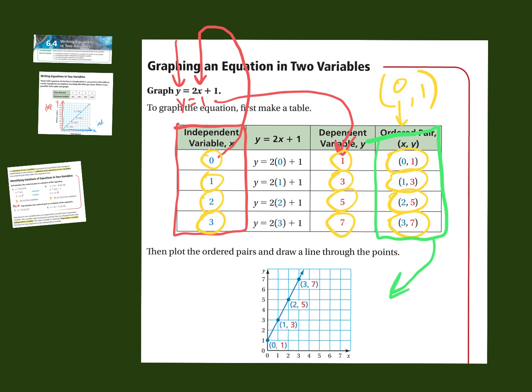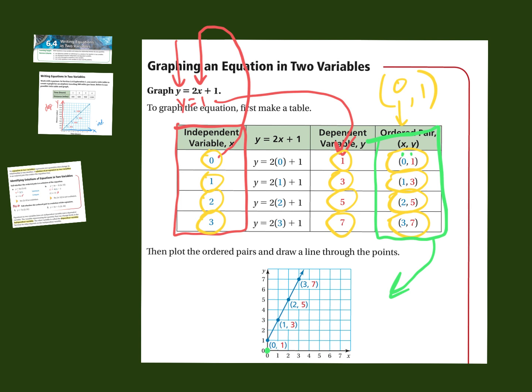So if you remember how we graph, we always start at the origin, which is where 0 and 0 meet. I encourage you to move in order from the x value to the y value, even though you can really go either way. I like to just get into the habit of getting into a routine.